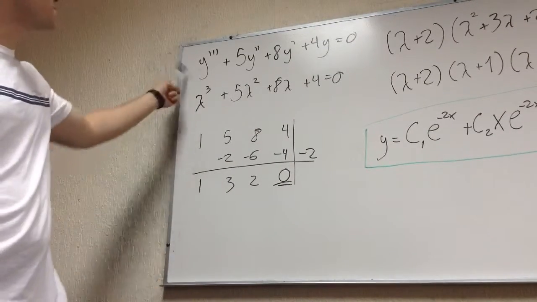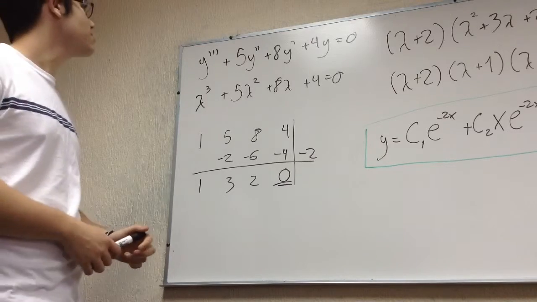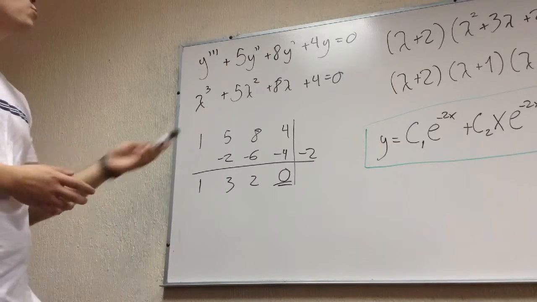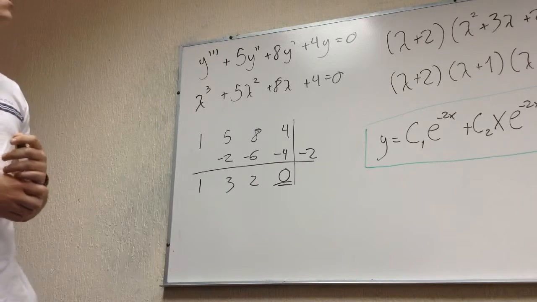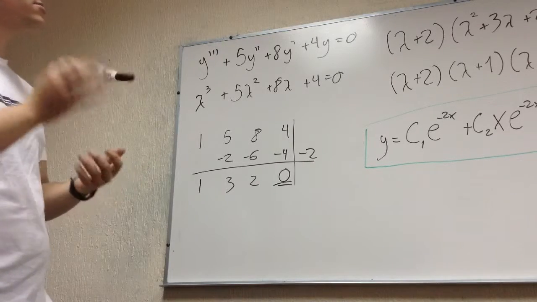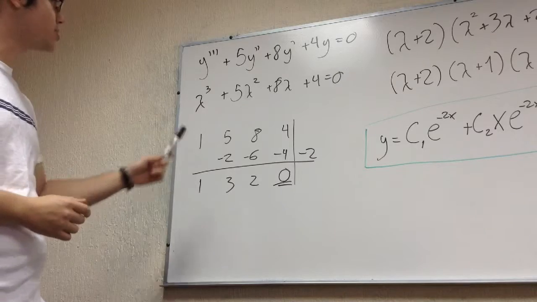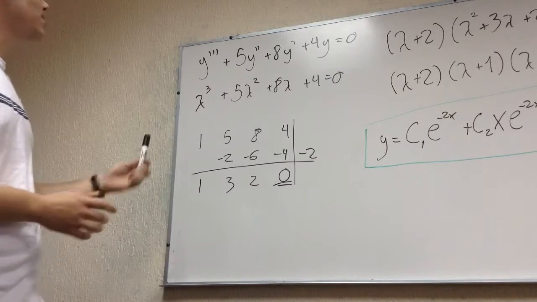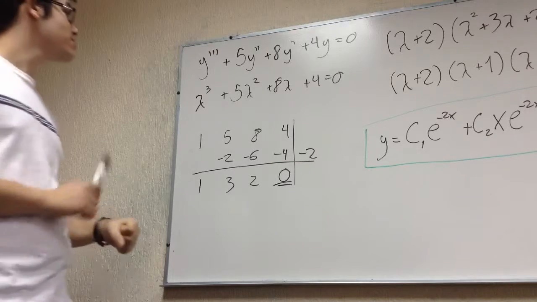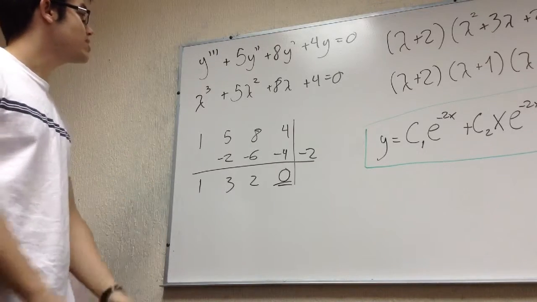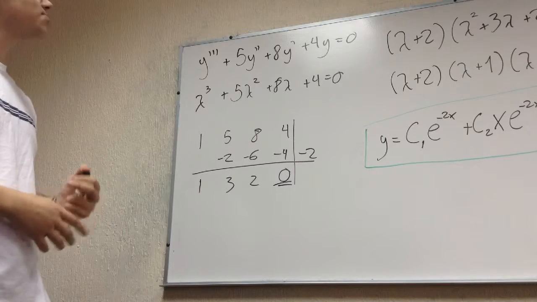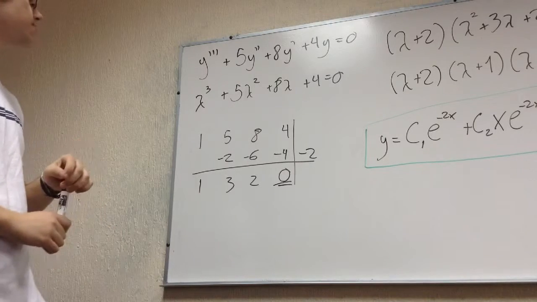Now we have this differential equation, y triple prime plus 5y double prime plus 8y prime plus 4y equals 0. We can get the auxiliary equation, lambda to the third power plus 5 times lambda to the second power plus 8 times lambda plus 4 equals 0.